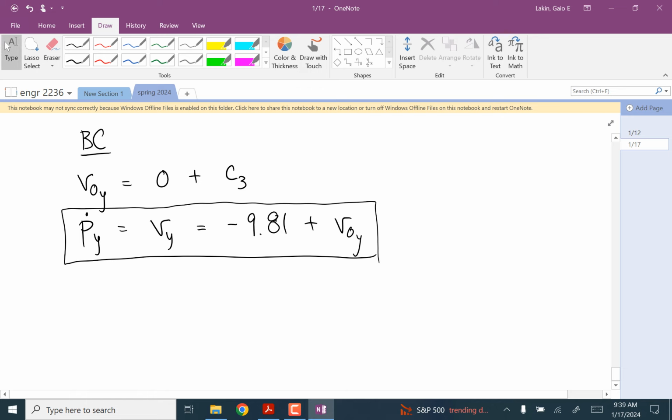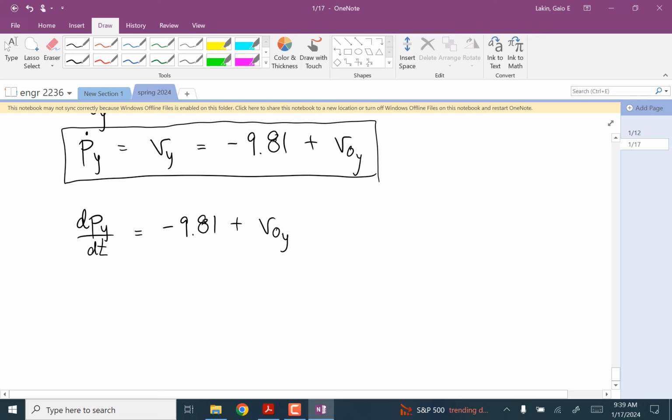And then the last step is, so dpy dt is equal to negative 9.81 t plus V0y. Remember, this is just a constant, this V0y.